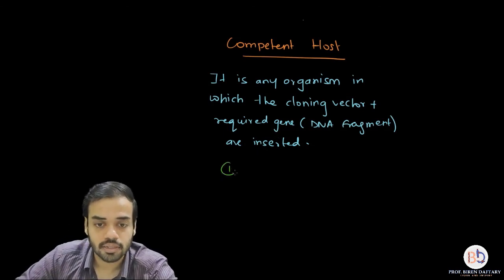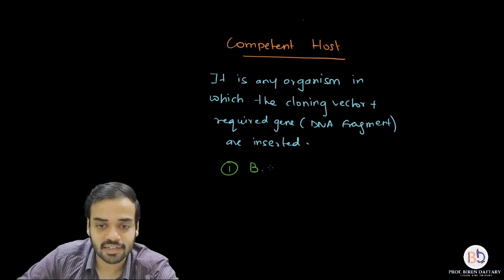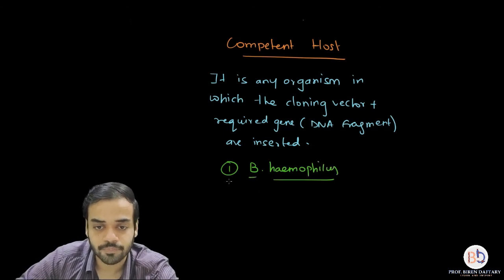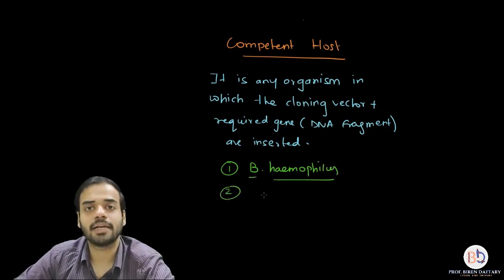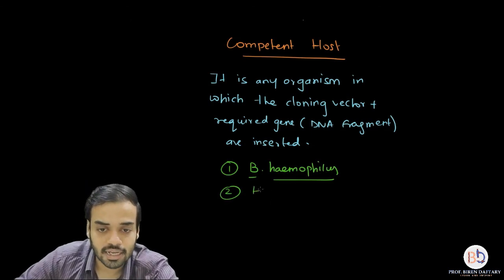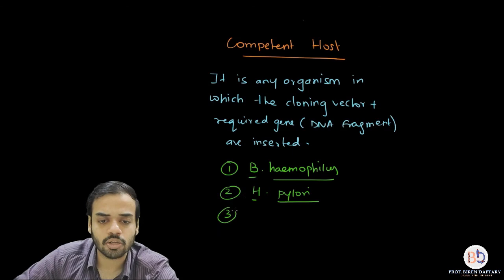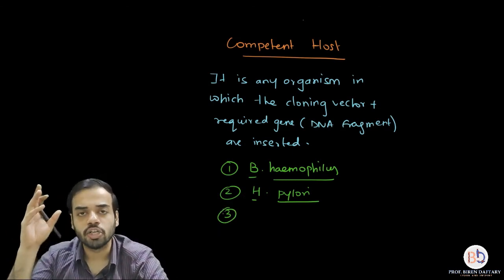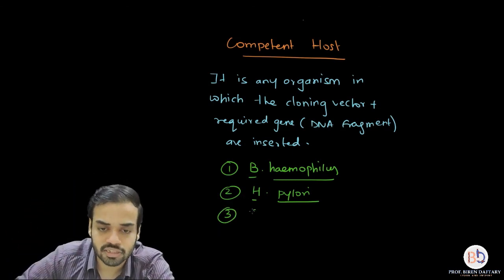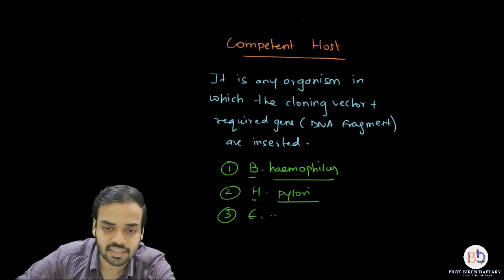So some of the examples of bacteria which are used as competent hosts: the first bacterium which I remember is called Haemophilus. Okay, this is one of the bacteria. The second bacterium is called Helicobacter pylori, H. pylori, and the third and the most common type of host used in recombinant DNA technology is called Escherichia coli.